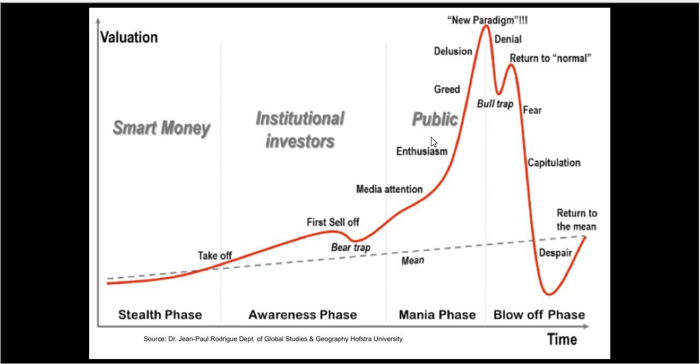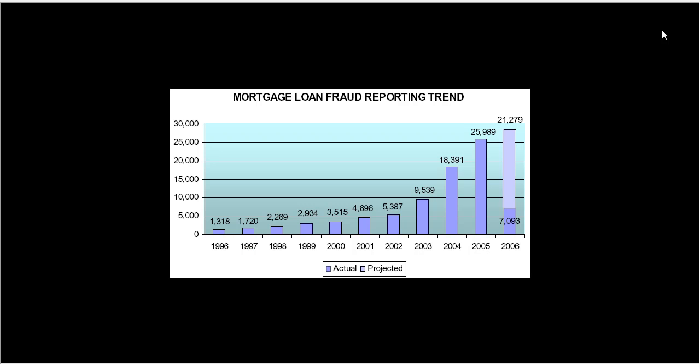Once there's media hype and then enthusiasm, greed, and the rush of speculators who aren't particularly trained in that given asset comes in, that's where we see the mania phase in the bull market, and then the collapse. So it's this increase in price. When you see that rapid acceleration in price, that's something to watch out for, a signal that we may be in a bubble, especially if the money supply is increasing.